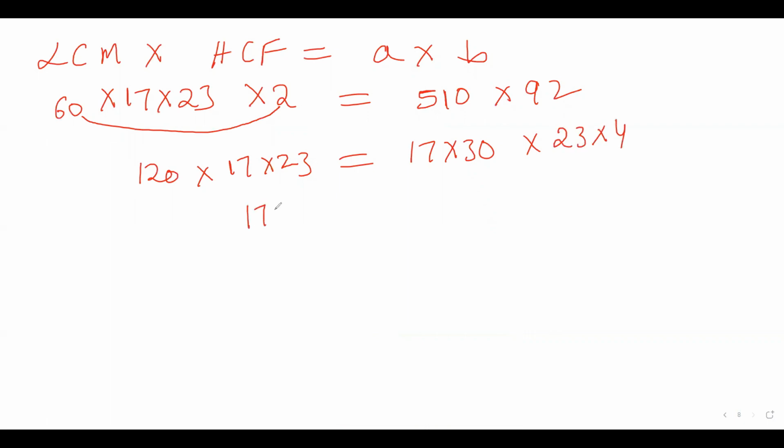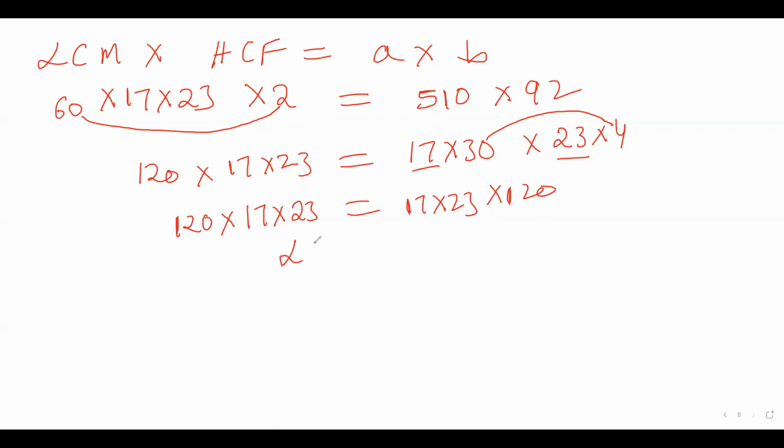Now this side, anyhow, I am having 17 into 23. I will write 17 into 23, 30 into 4 is 120. Here I am having 120. So I can say here that LHS is equal to RHS, hence proved.